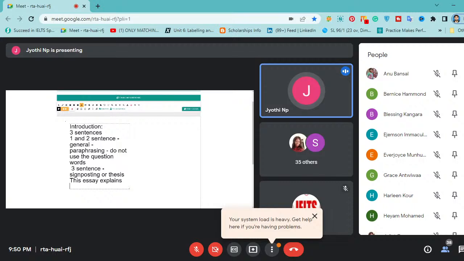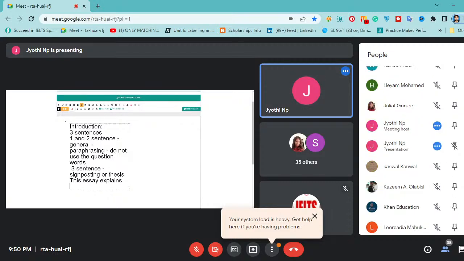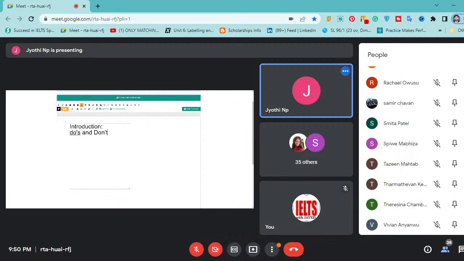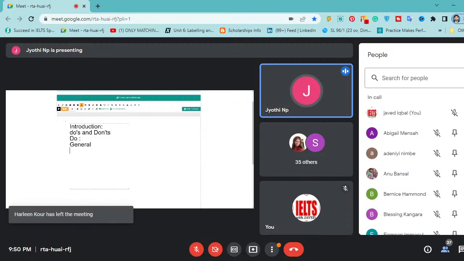Now, the basic thing here is the do's and don'ts. When you're writing the essay, first, write in general, then use complete sentences.